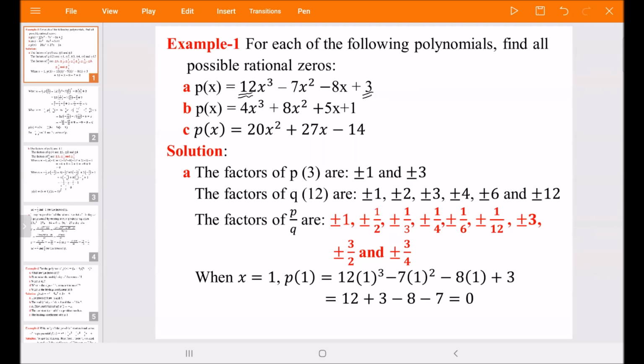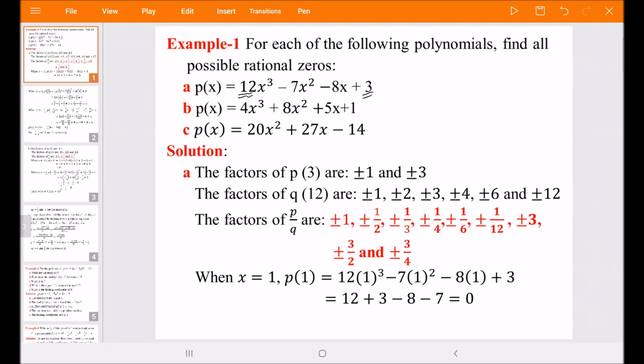So plus or minus 1, don't forget to put this one. Then make the numerator 1 and its denominator 1, 2, 3, 4, 6, and 12. So we have plus or minus 1, plus or minus 1 over 2, plus or minus 1 over 3, plus or minus 1 over 4, plus or minus 1 over 6, plus or minus 1 over 12.